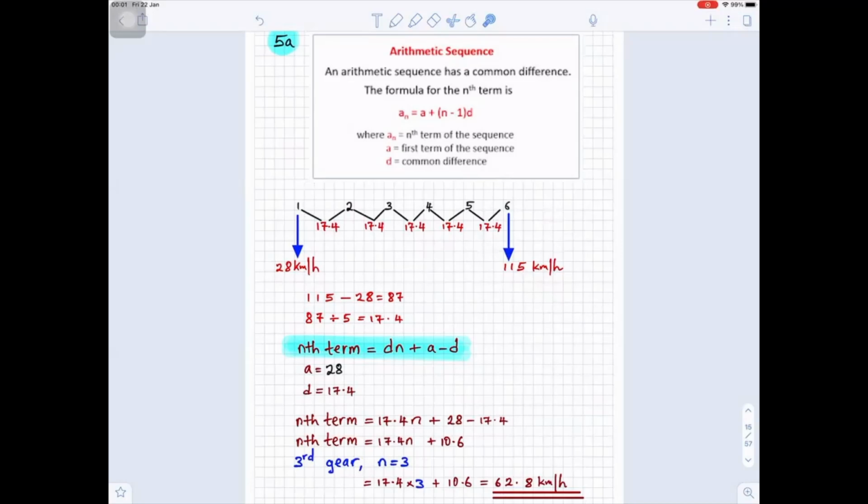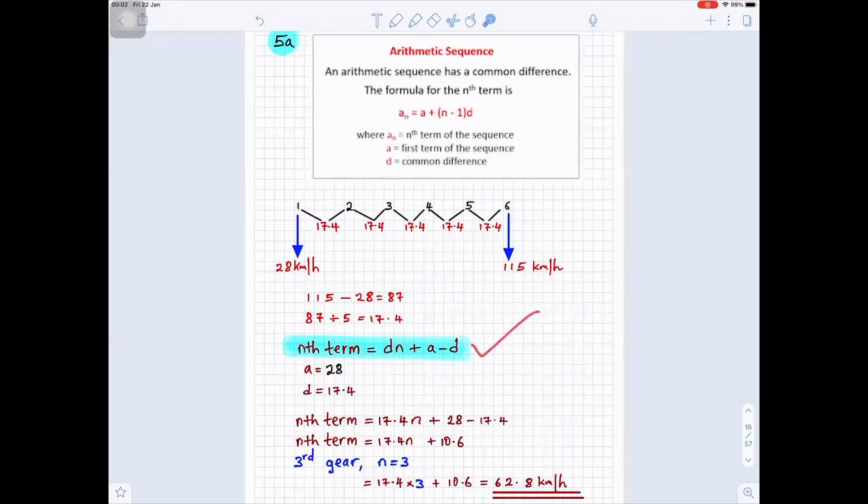Now, if we count the differences, 1, 2, 3, 4, 5. So we find 115 minus 28, that gives us 87. 87 divided by 5, the 5 comes from 1, 2, 3, 4, 5, and that gives us 17.4. That's the difference, 17.4 each.